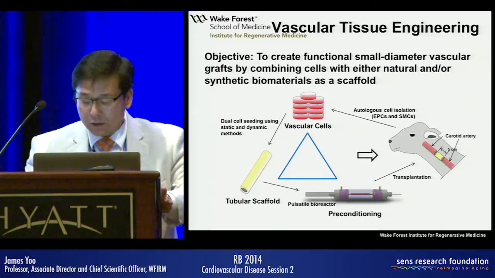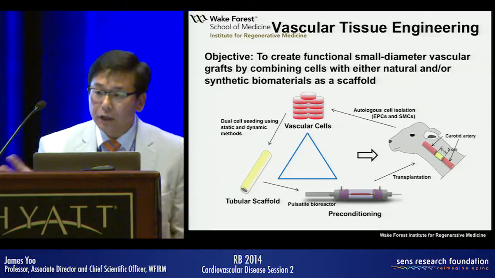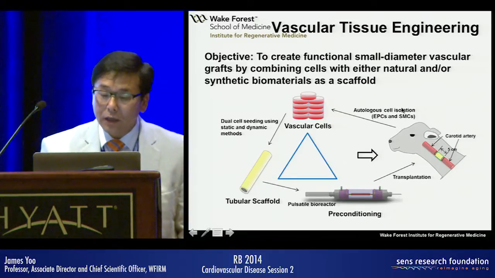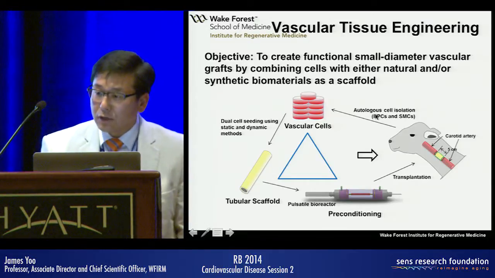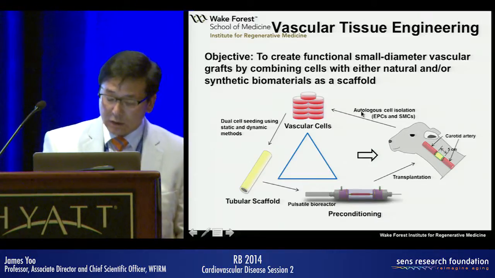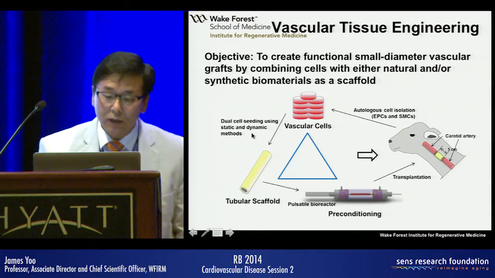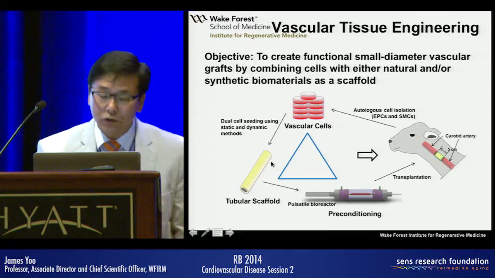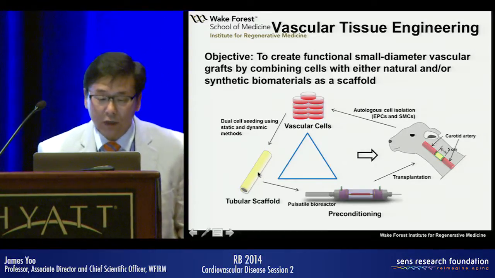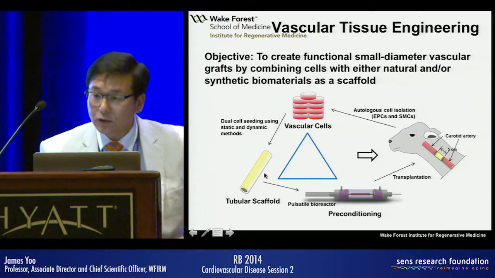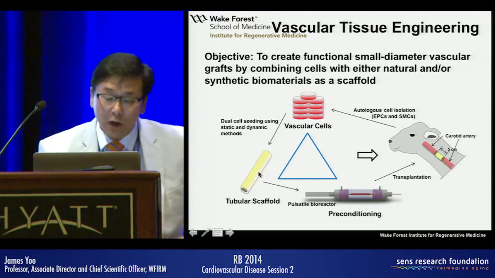The classic approach of tissue engineering in building a vascular tissue is basically to take vascular cells from the patients, grow them ex vivo, outside the body, in large quantities, and then place those autologous cells onto a supporting structure, in this case for vascular grafts, tubular scaffolds or tubular structures consisting of biomaterials.